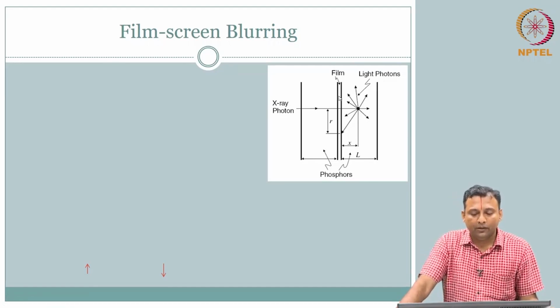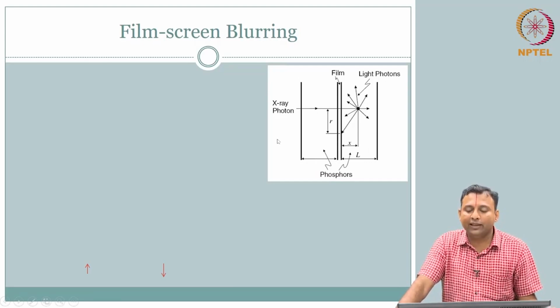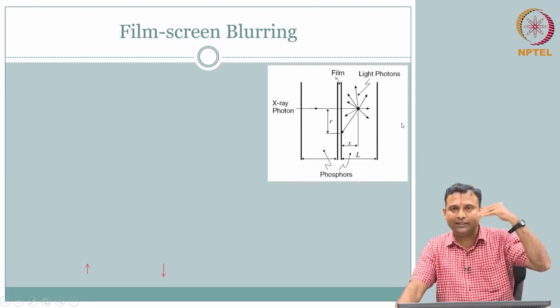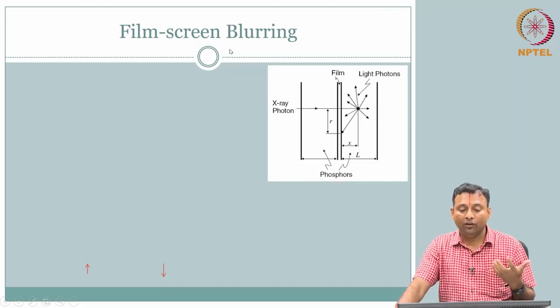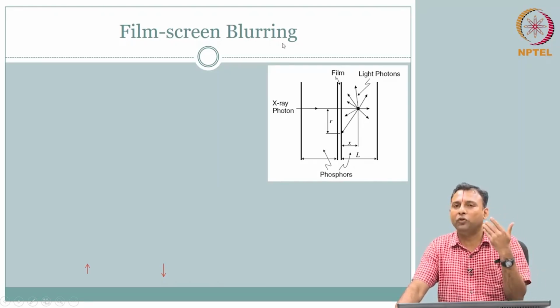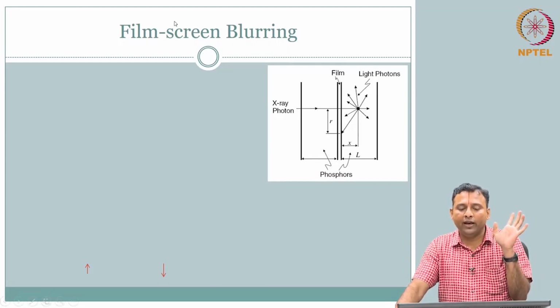Clear? So in some sense, just by looking at this proposition, from a systems point of view, you should start to think of film screen blurring. Blurring. What did we talk about? Oh, we talked about the point spread function, right? Is there a point spread function due to your film screen?